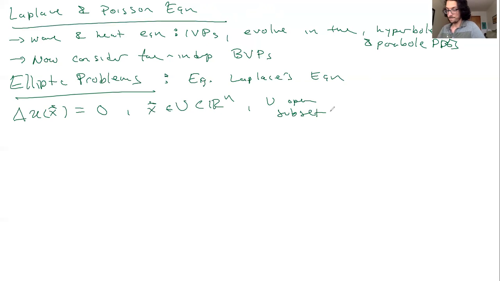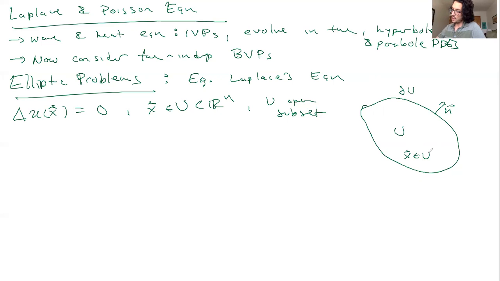It would look a little something like this. It has a boundary. It has a normal sticking out of it. So you might think, oh, we're going to come across some Green's identities. And so this is our values of x inside of U. The closure would include the boundary, but the interior is U.